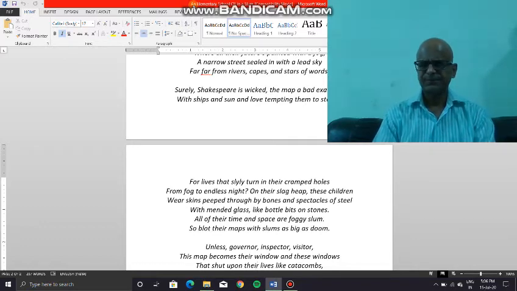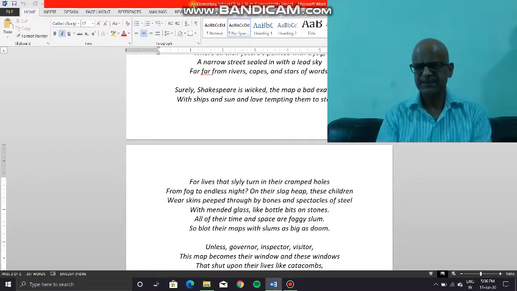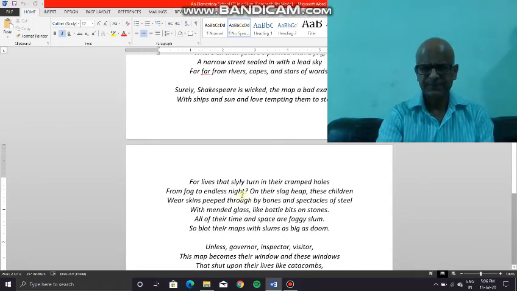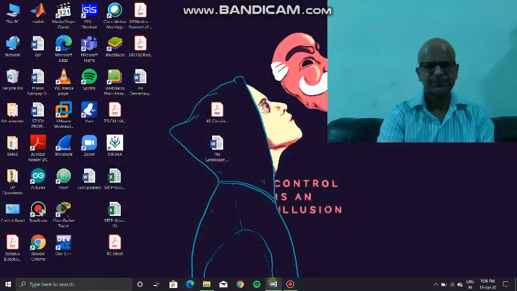And all their quality time and space, it says, all of their time and space are foggy slum. That is, they spend their entire lifetime languishing in this foggy slum.